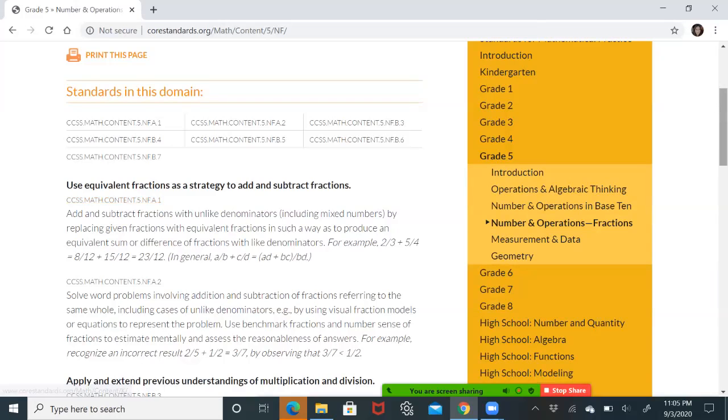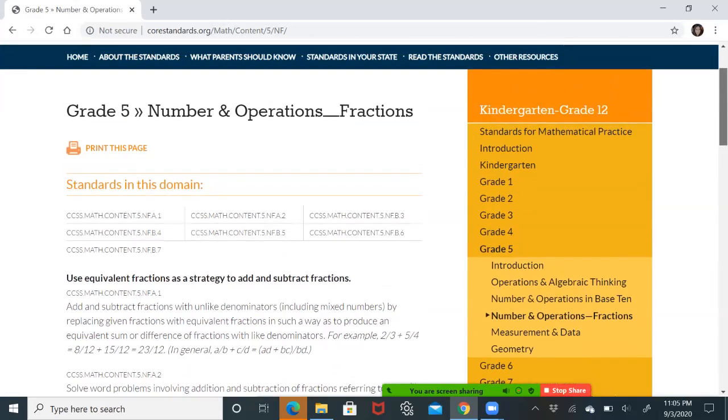All right. So then, how will you know if your state aligns instruction to the Common Core standards or specific state standards? You may know that already, or you may not. But it should be as quick as a Google search by just typing in your state name and math standards, or you can take a look at the Department of Education site for your state.